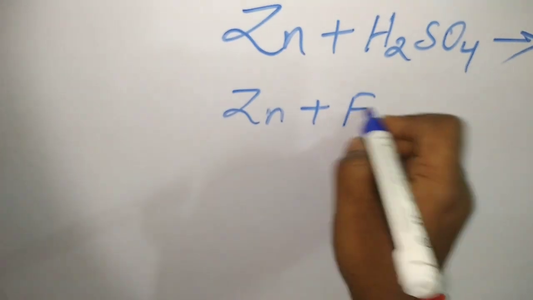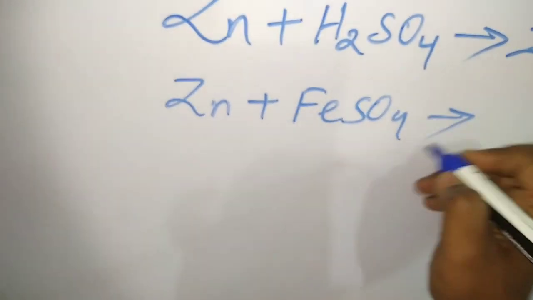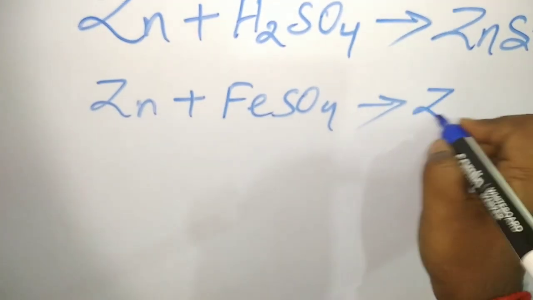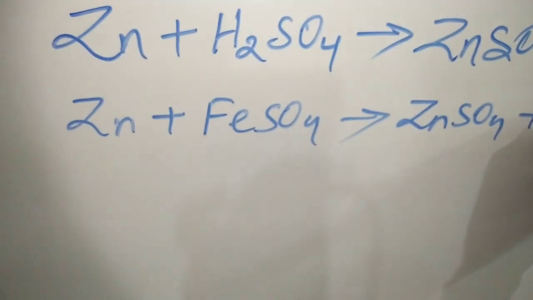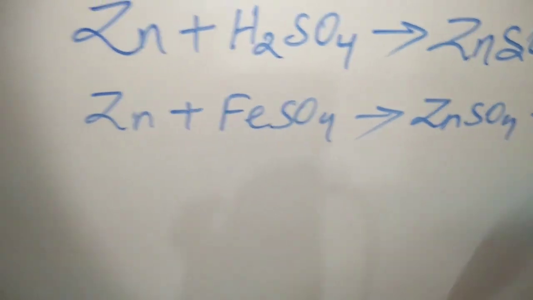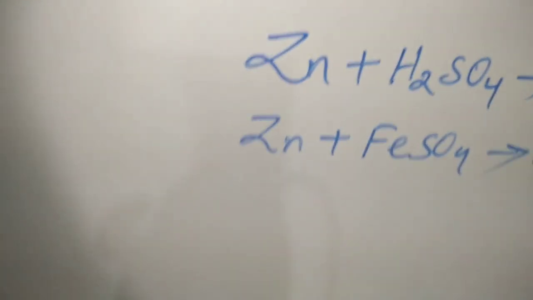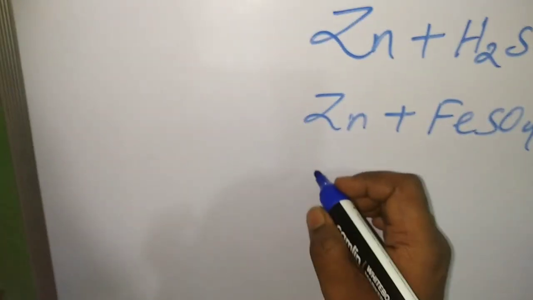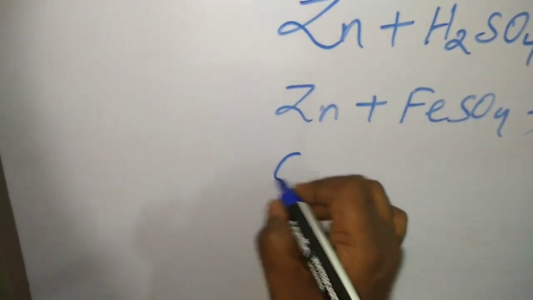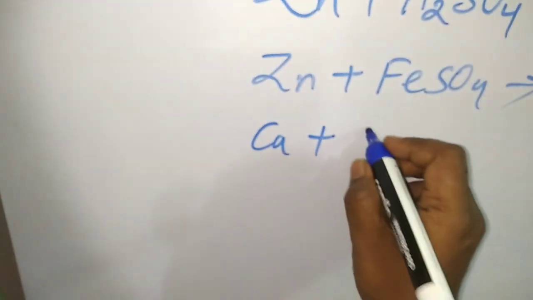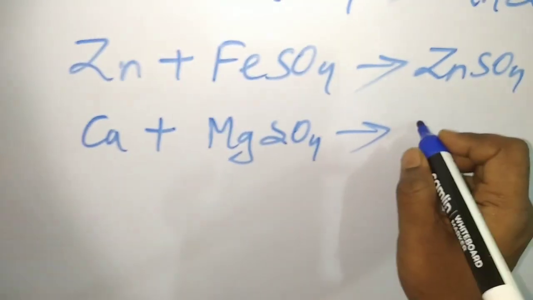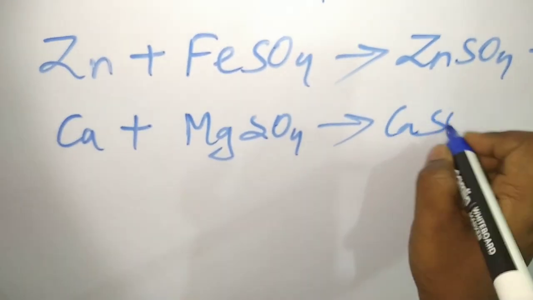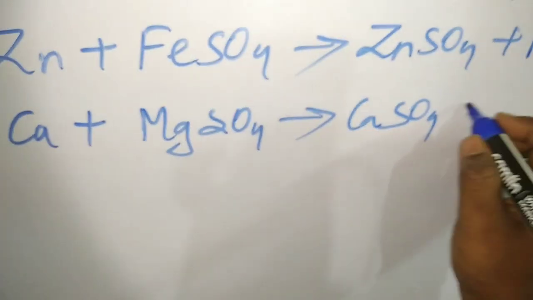When zinc reacts with FeSO4, it forms ZnSO4 plus Fe. Okay students, same with calcium: when calcium reacts with MgSO4, it forms calcium sulfate, CaSO4, and Mg.